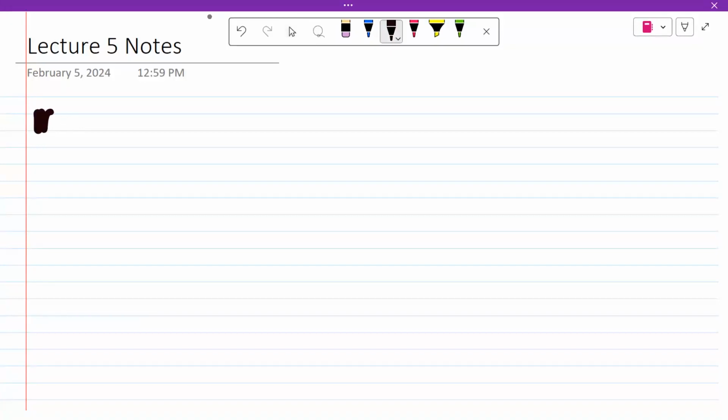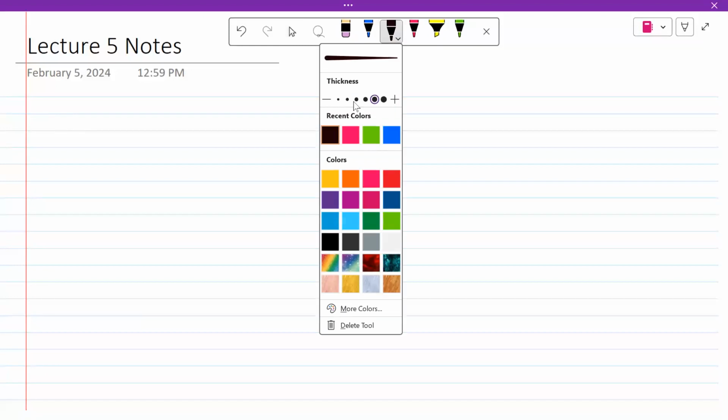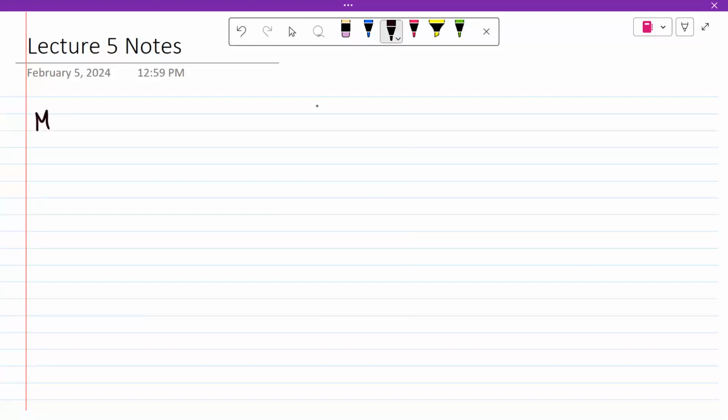So this is called, oops, forgot to change the thickness. This is called metabolism. So we learned about metabolism, right? A little bit. We know it is all the reactions that are happening in the body, and some of it is going to be catabolic, where you break things down.